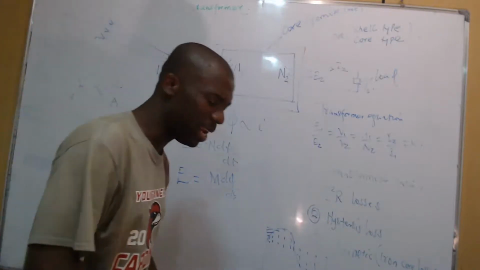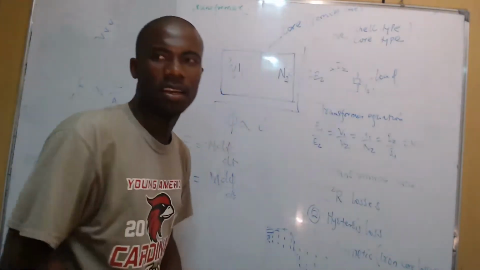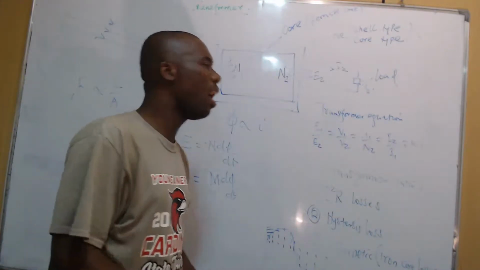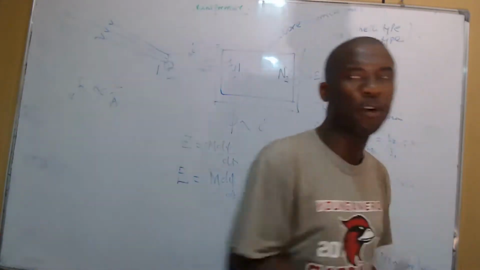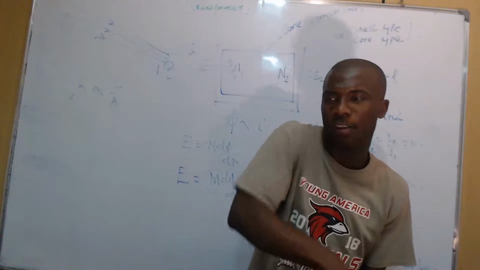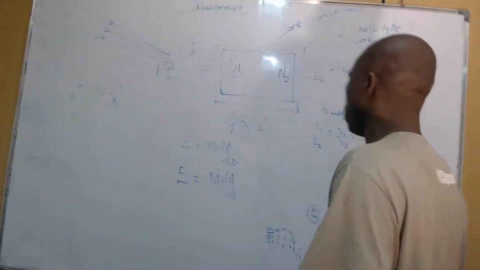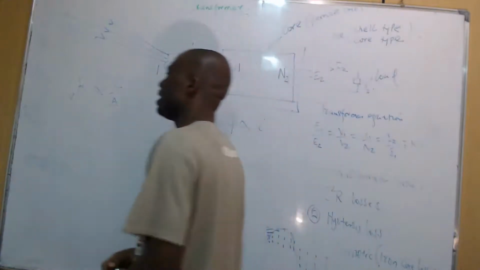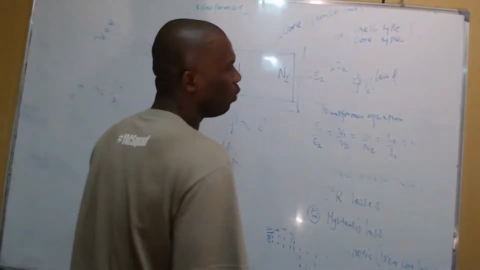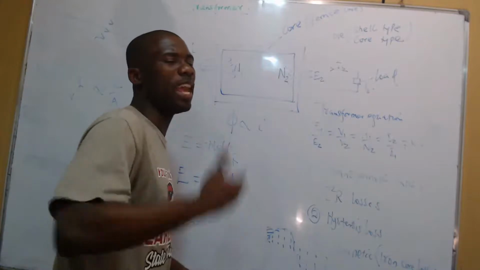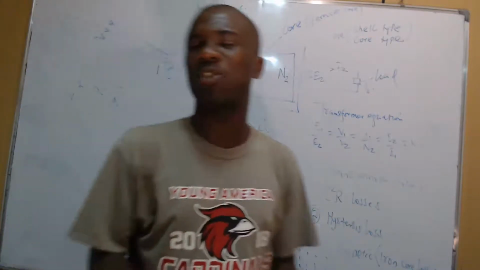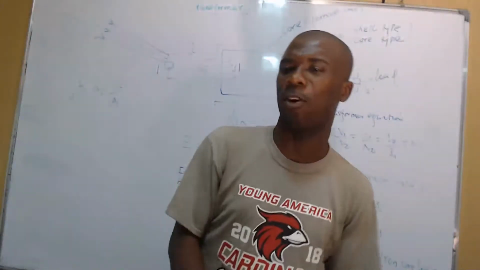You need to make an opening into the core of the transformer. Now we have the core loss. In the case of core loss, when we are designing a transformer, we try to insulate it.